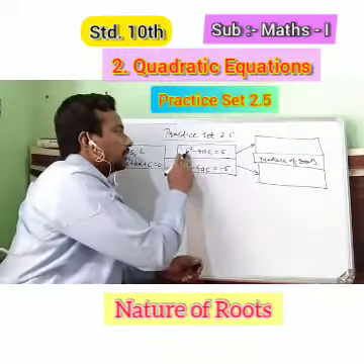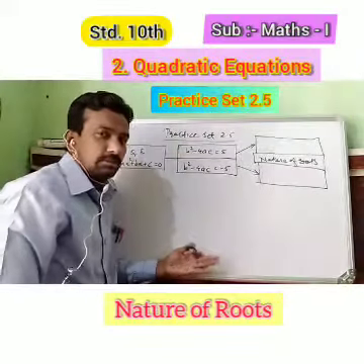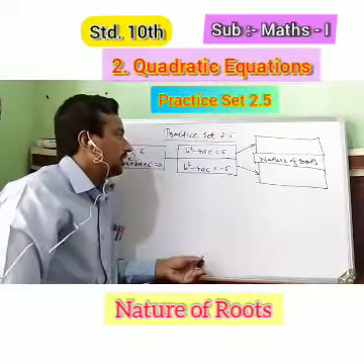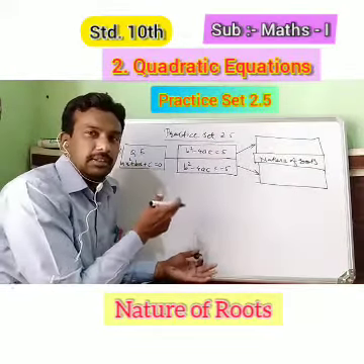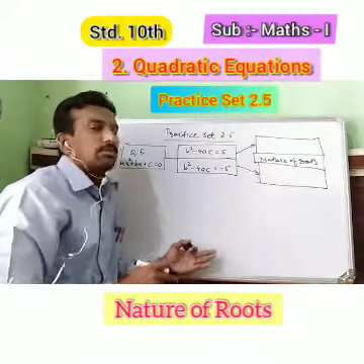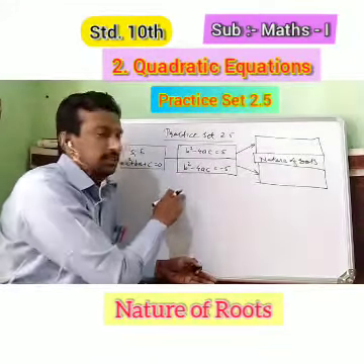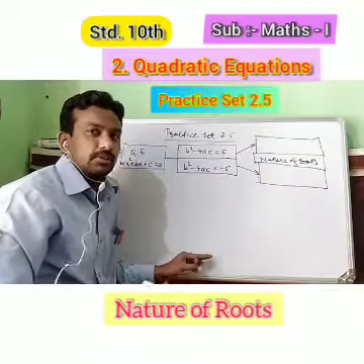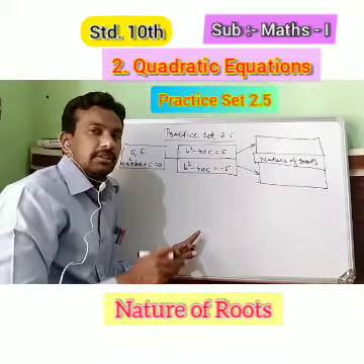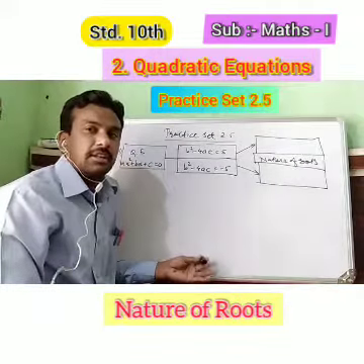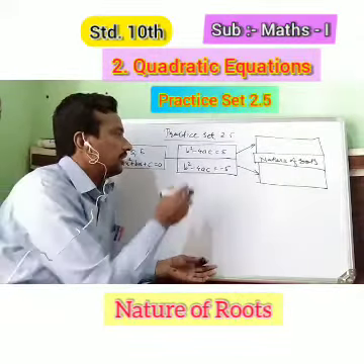If b square minus 4ac is equal to 0, then roots are real and equal. If b square minus 4ac is greater than 0, then roots are real and unequal. If b square minus 4ac is less than 0, then the roots are not real. Using these three conditions we can identify the nature of the roots.